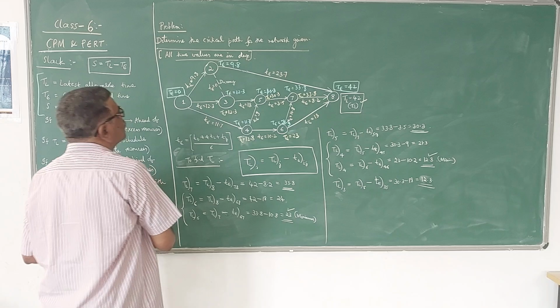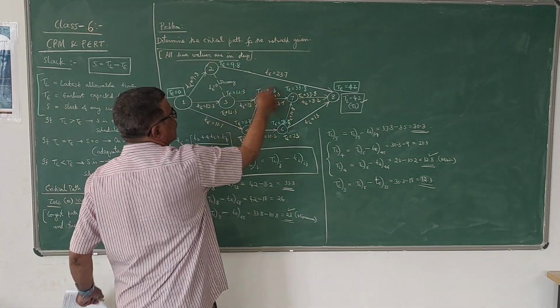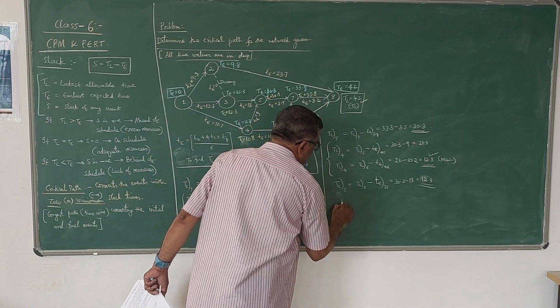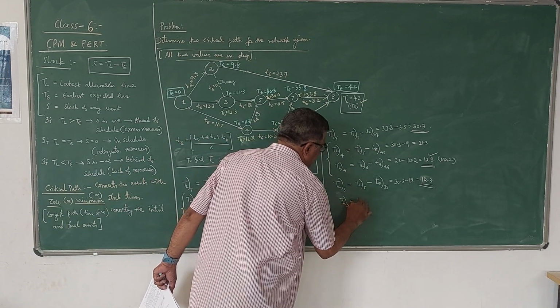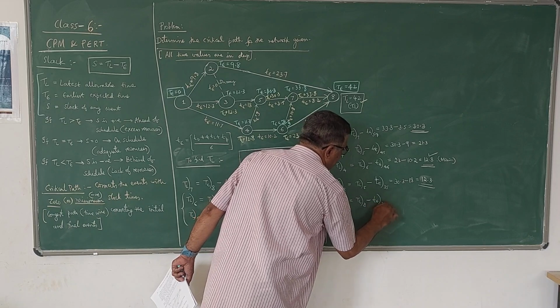Next, TL2. For TL2 there is only one; this is a dummy, you need not worry about it. We only have to take this. So TL2 is equal to TL8 minus TE28.